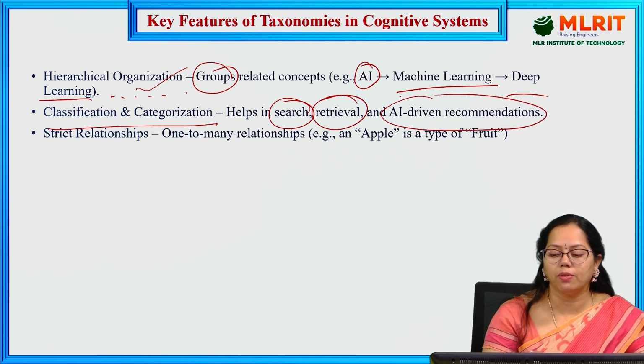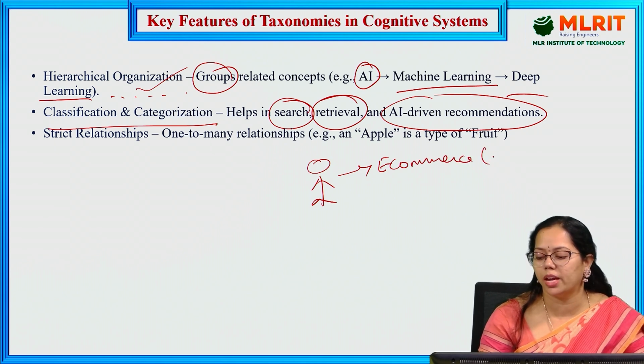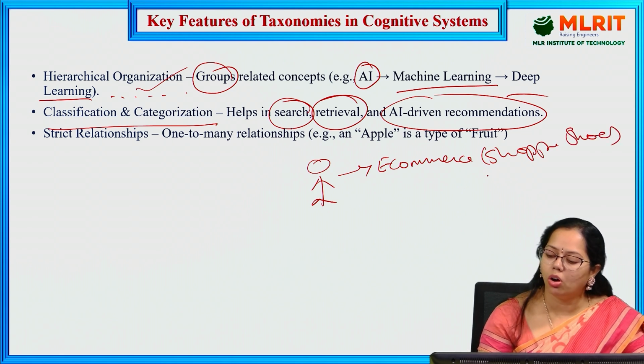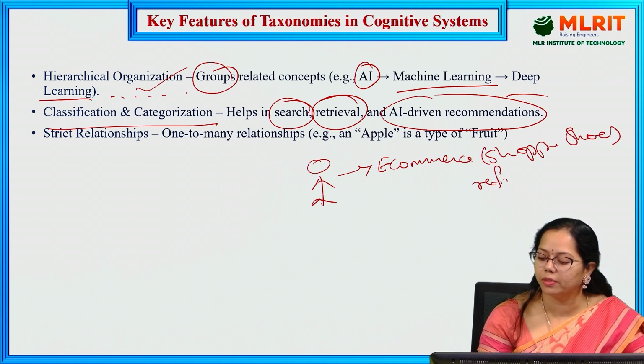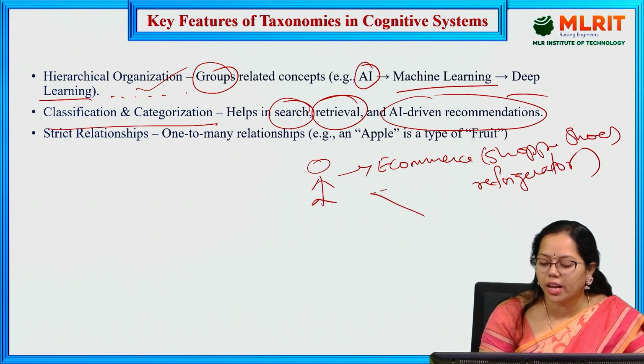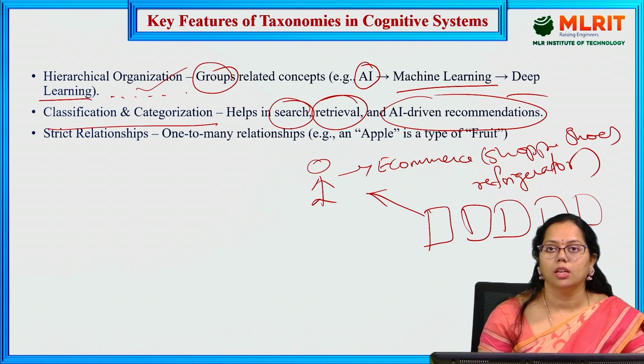Like I have given an example in the previous slide of a person browsing an e-commerce website, shopping for shoes or a refrigerator. Then your system gives a recommendation that you have some more models related to different companies, right?